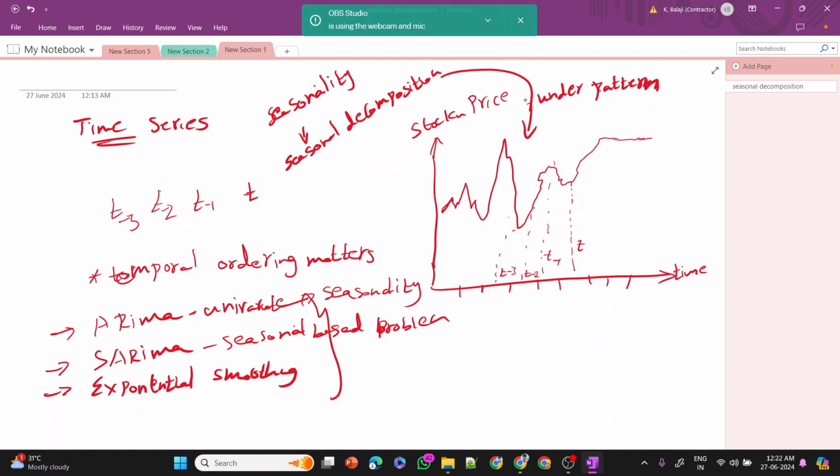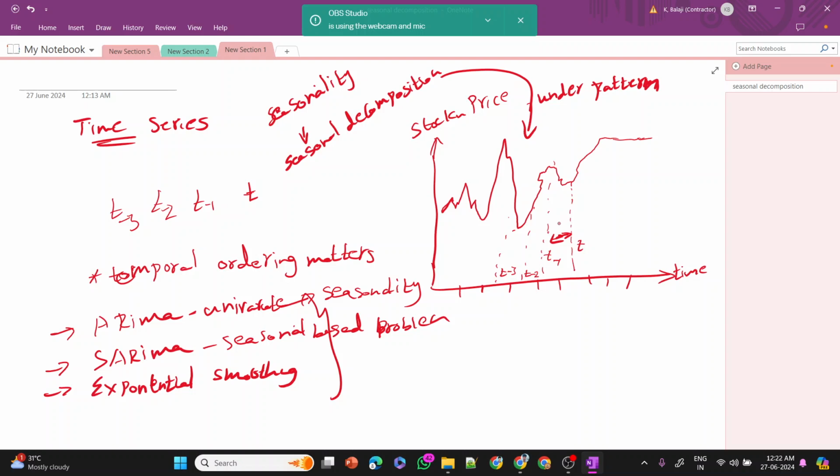And there is a lag feature. Lag feature means we need to create a lagged version of the original series, and that can capture temporal dependencies. For example, the distance between the present time and the previous time is a time gap.